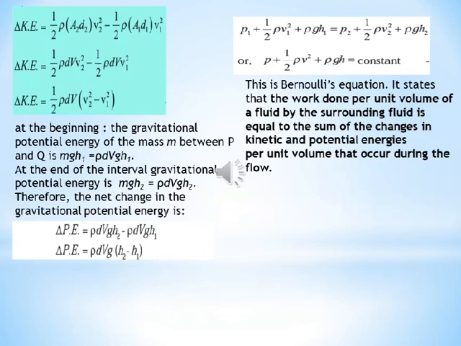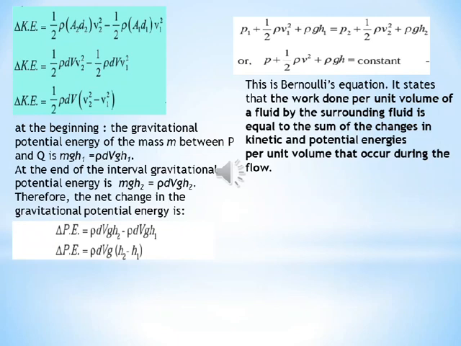Alright, by considering that equation, we can write it in another form, which is P1 plus half rho V1 squared plus rho g h1 is equal to P2 plus half rho V2 squared plus rho g h2.